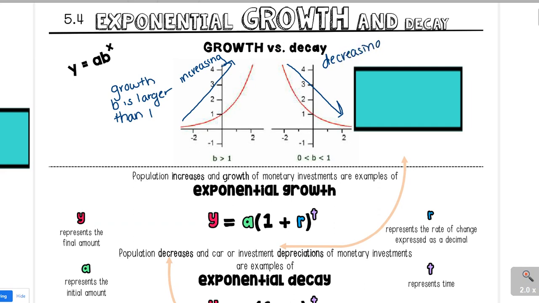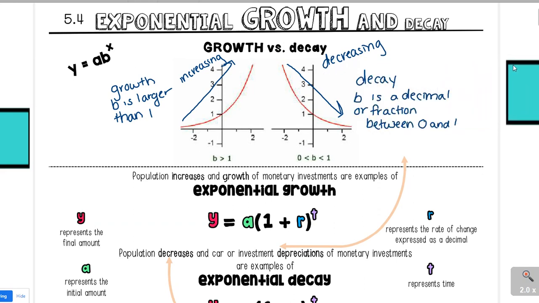So it is a decay. And if you're looking at your formula, b will be a decimal or a fraction, a value between 0 and 1. So it cannot be larger than 1 or a negative number.